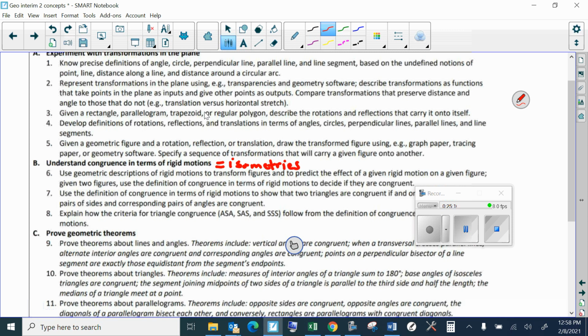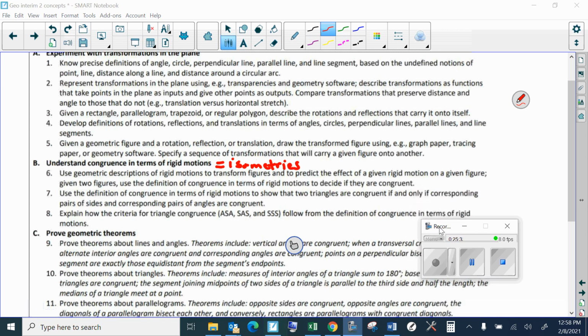And then also they may give a pre-image and image and ask how it got from the pre-image to the image. You have to be able to identify what it got reflected over, or whether it got translated so many units, or it got rotated. Those are usually multiple choice questions, to see which one works, or which ones if there's more than one. Use the definition of congruence in terms of rigid motion to show that two triangles are congruent. I just talked about that.